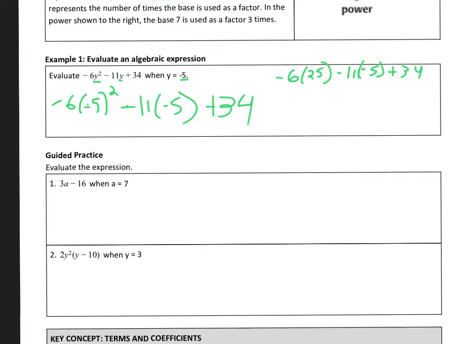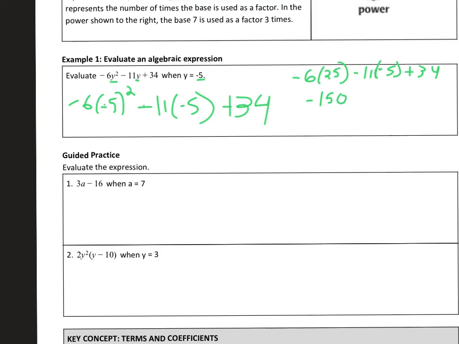To further simplify this, next thing on my list would be either multiplication or division, left to right. So I'm going to simplify these multiplications right here. -6 times 25 is -150, and I treat this like -11, so -11 times -5 is positive 55. So plus 55 plus 34.